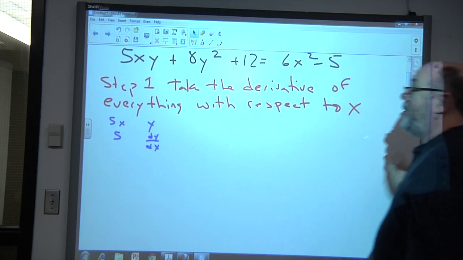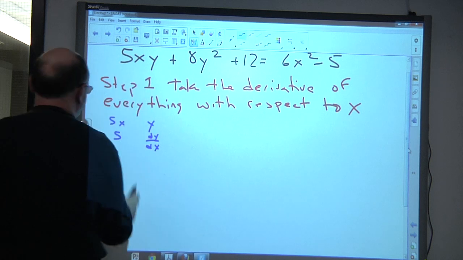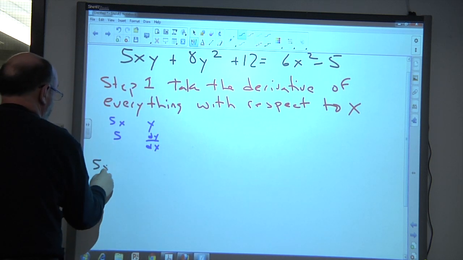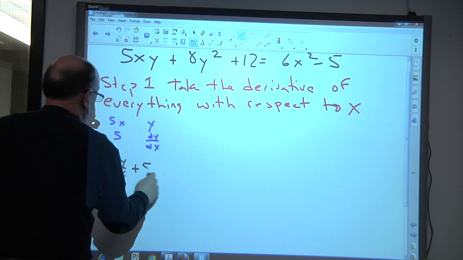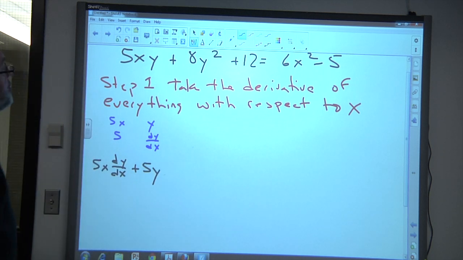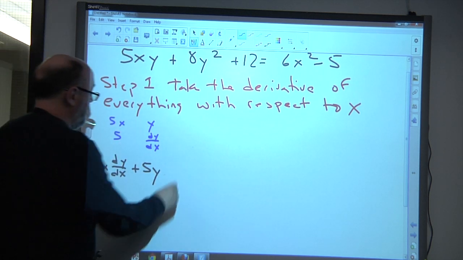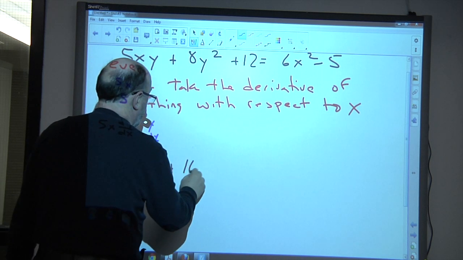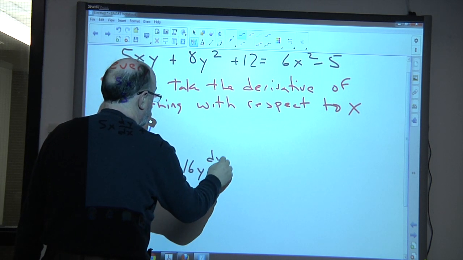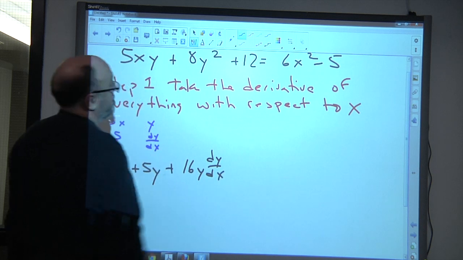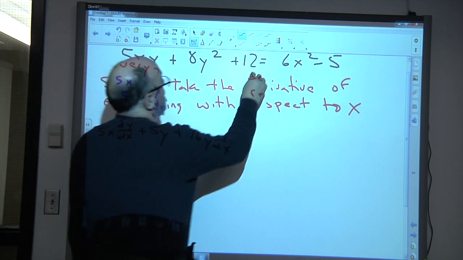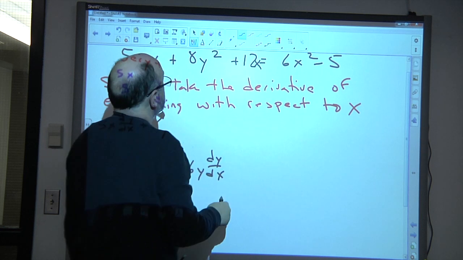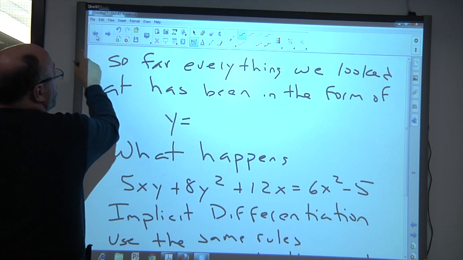And so let's do that part. And we end up with 5x dy dx plus 5y. So that's the first piece. 8y squared, well, this will give you 16y, and then dy dx. And actually this should be a 12x. Let's get the x back in there.